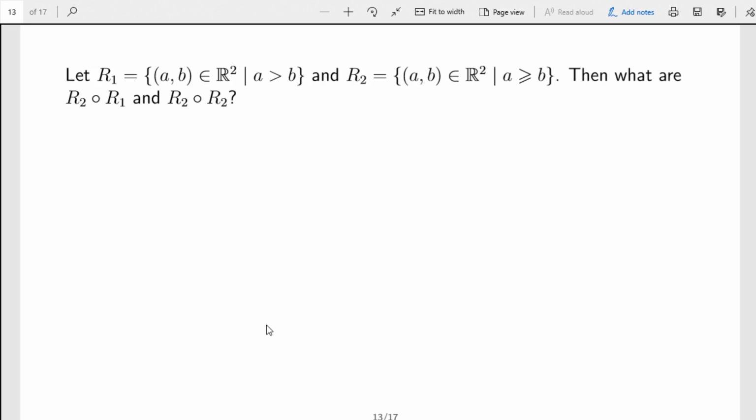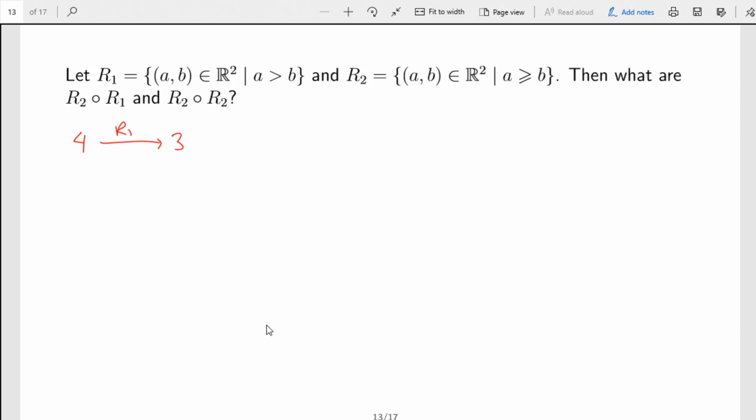Let's start with a concrete example. Say the number 4 is related to, say, 3 by R1, right? And then what would be the real number to which 3 connects by R2?